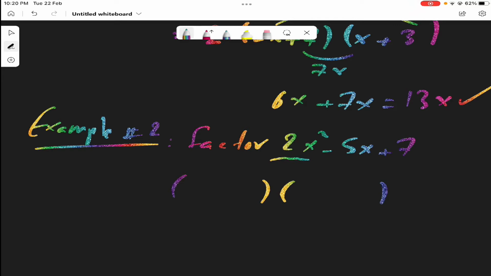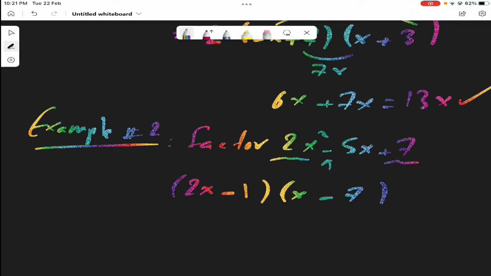What gives me 2x² is 2x and x. What gives me 7 is 1 times 7 or 7 times 1. I don't know if it's positive, positive or negative, negative. It depends on this sign. This is negative, so I think about negative and negative.